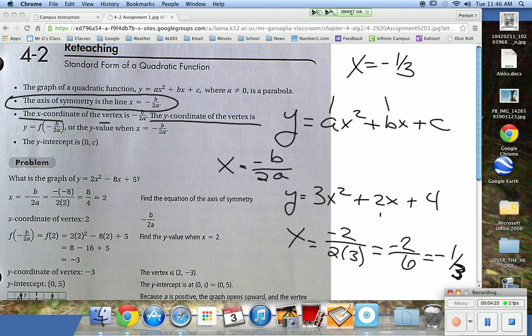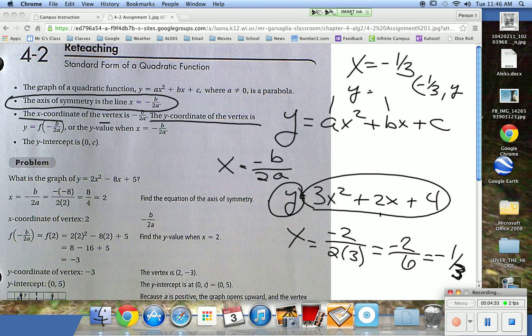If I figured it out, I'd have y equal to something, so I'd have x equals negative 1/3 and then whatever my y is. Do you understand what I just did there? I plugged that x back into the equation, figured out what my y value is, and that would be my vertex on my graph.